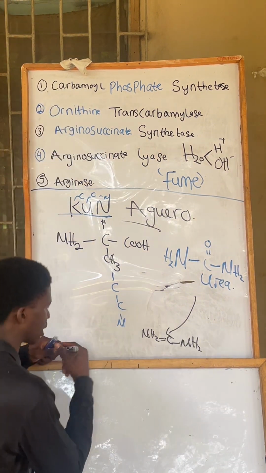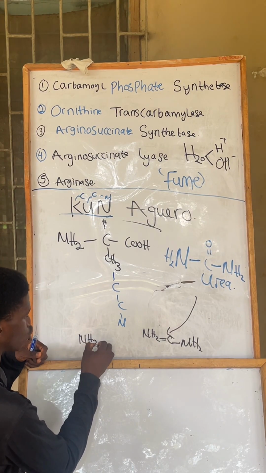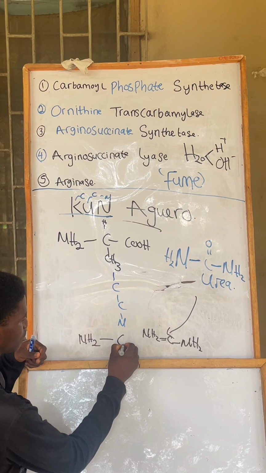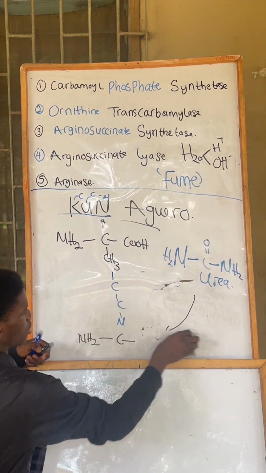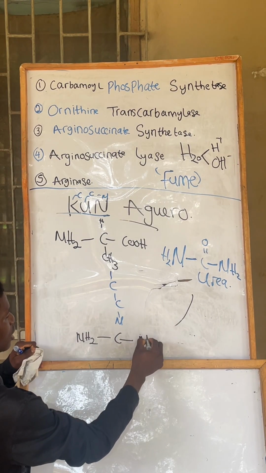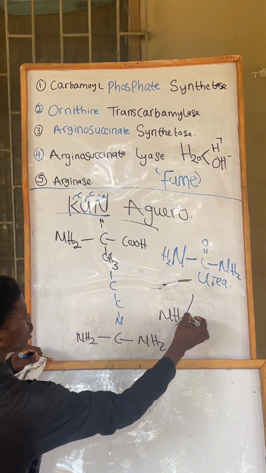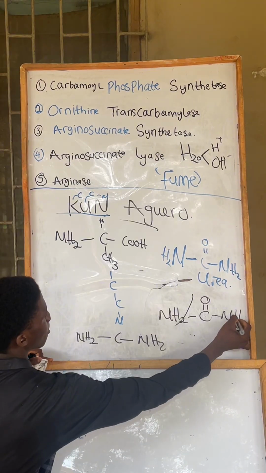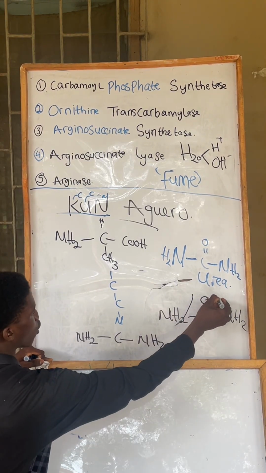So let me attach that urea here. So I have NH2 carbon, NH2 carbon, NH2. Don't forget this guy was this before. NH2 carbon, oxygen, NH2. But before we can add this guy here, we need to remove this oxygen.